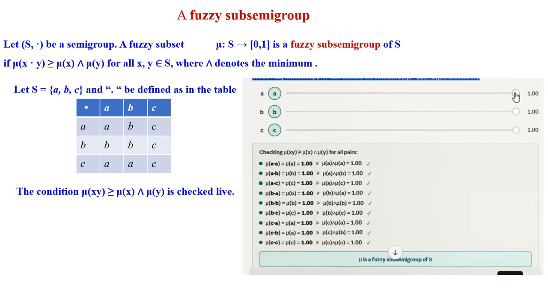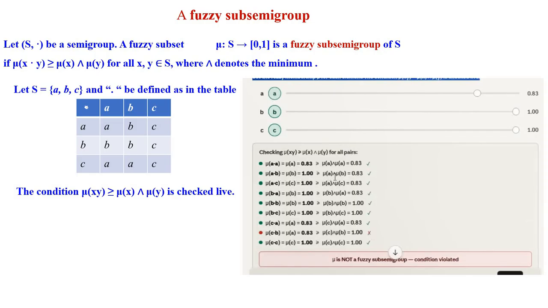Now suppose I change my a value and my a is say 0.83, it should lie between 0 and 1. So when we have this, then from the table we know that a dot a is a only. So mu of a is 0.83, and for b and c we have 1 each.